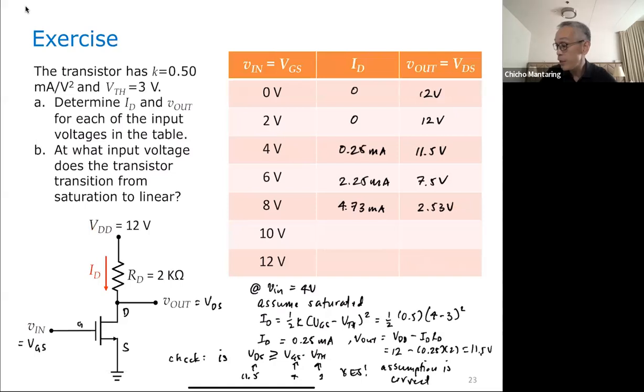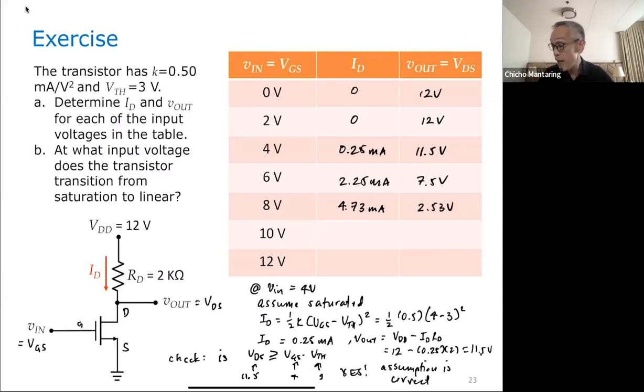We already showed that if the input voltage, which is VGS, is less than 3 volts, the threshold voltage, then your drain current is 0 and your output is just VDD, which is 12 volts. Then for 4 volts and 6 volts, we started with the initial assumption that the transistor was in saturation, and we validated that it really was in saturation.